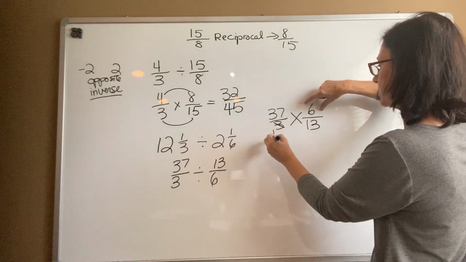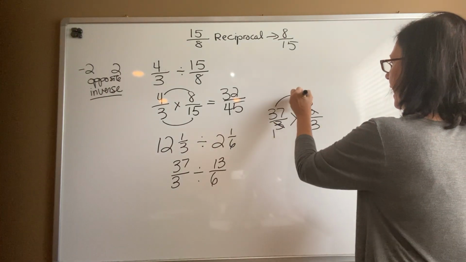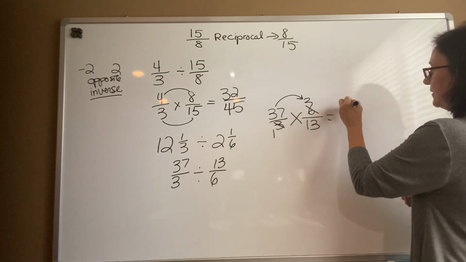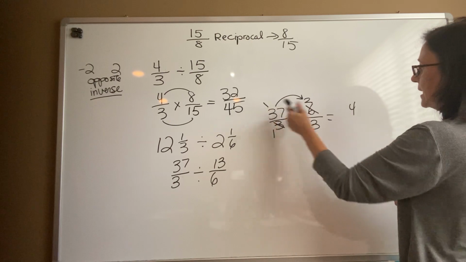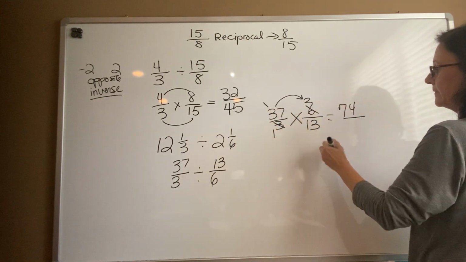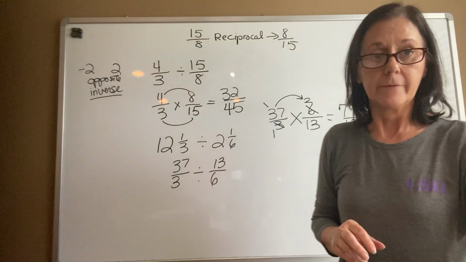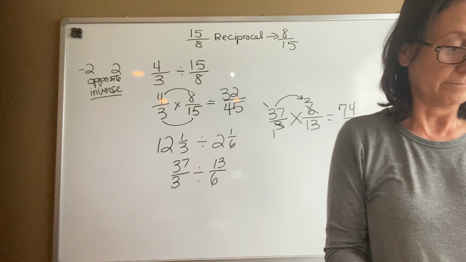So I divide both terms by 3, and then I multiply. So 2 times 7 is 14. I'm carrying my 1. 2 times 3 is 6, and 1 more is 7. 1 times 13 is 13. And you may leave it as an improper fraction.